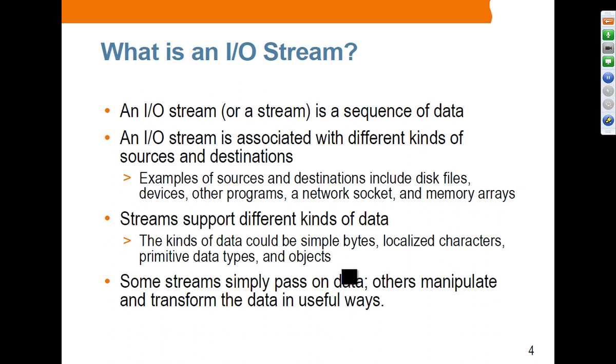Streams also support different kinds of data. It could be bytes, characters, data types, or objects. We are going to see all these different types of data being used. Some streams simply pass the data, while other streams perform some manipulation and transformation. We're going to see examples of this as well.